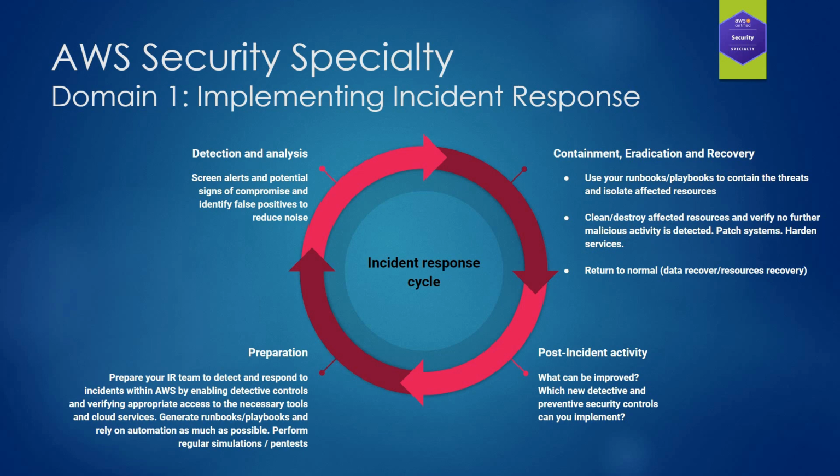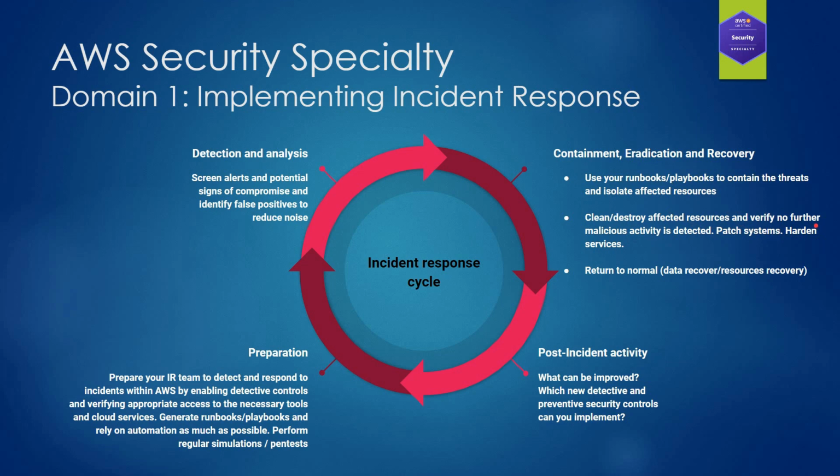In that phase as well, we are going to be cleaning or destroying the affected resources. Imagine that the attacker created an IAM account or a specific role or even an EC2 instance. Normally we would destroy and clean those affected resources. Here we can also take the opportunity to patch the systems or even to harden some services if we discover that the main reason for the compromise was a misconfiguration in one of those.